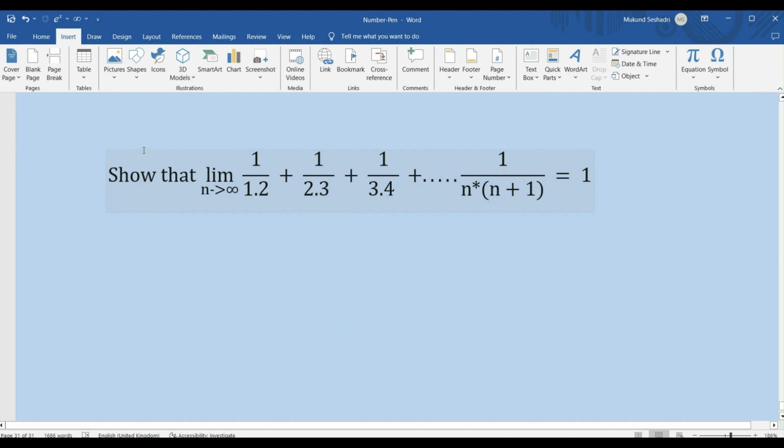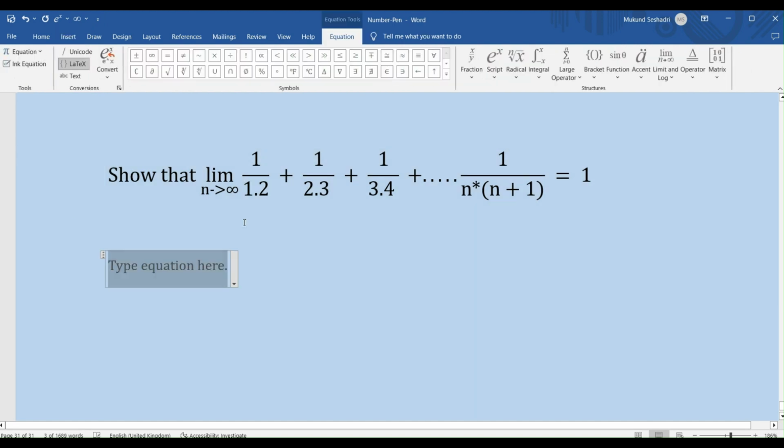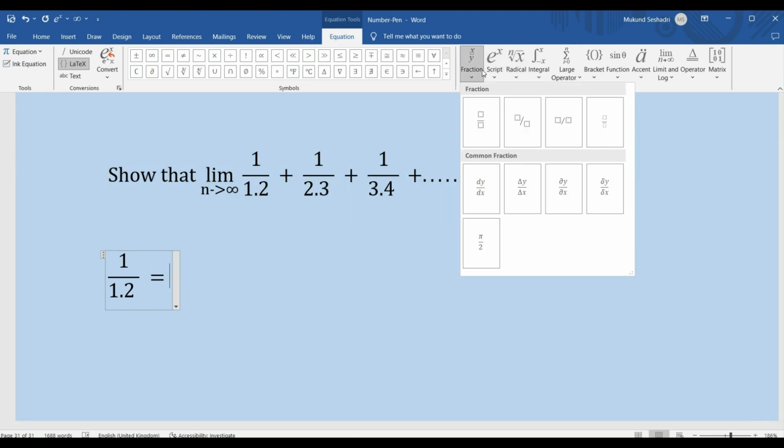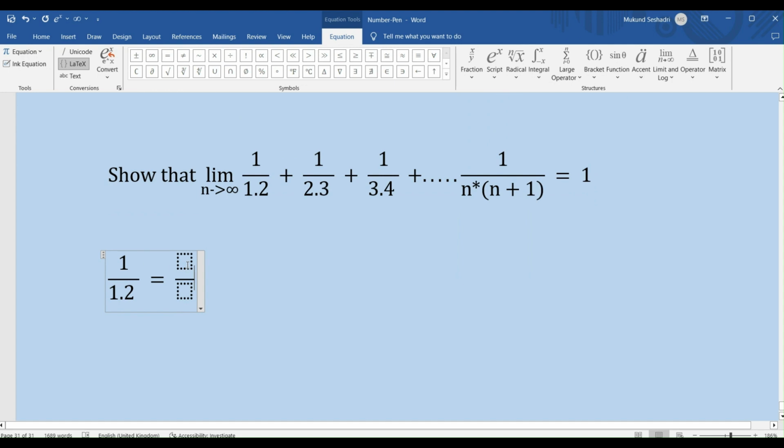I want to draw your attention to each of these terms, and let me write it down. Let's write 1 divided by 1 into 2. This can be rewritten as 1 divided by 1 minus 1 divided by 2.